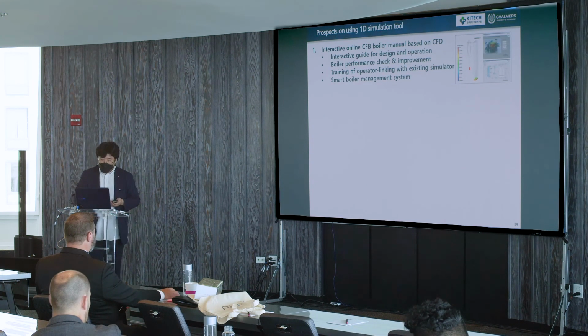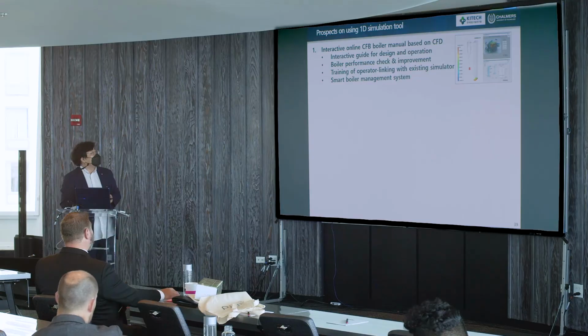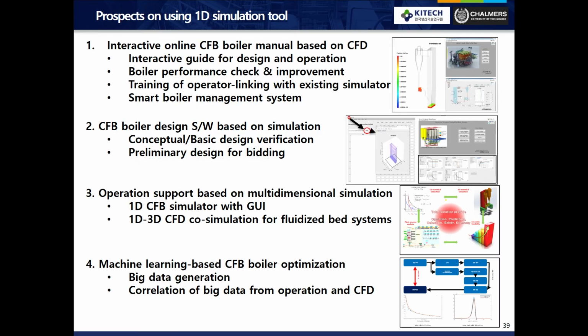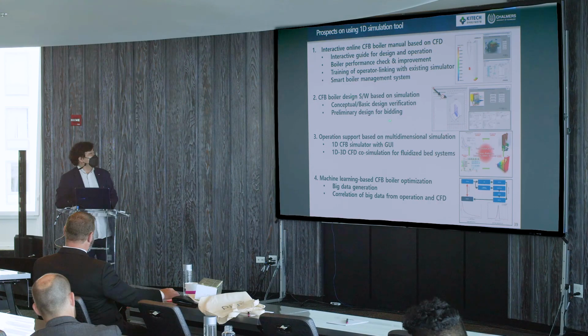So this is the last page. So I'd like to summarize. I showed you some results about the development of 1D simulation tools, and using the 1D simulation result as the input condition for the 3D simulation. So it was very effective. We can get a very nice result compared to the experiment. And we think that this 1D simulation is very useful. You can use it for the conceptual design.